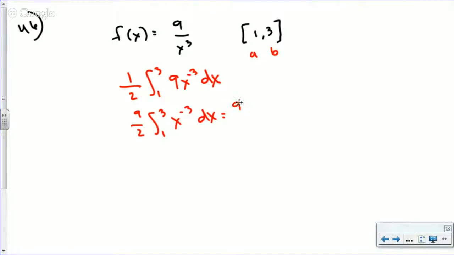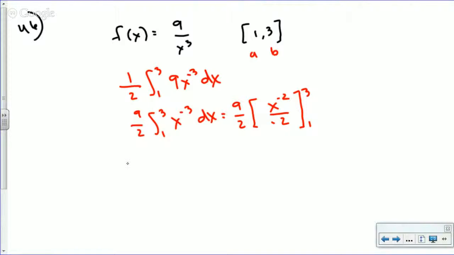All right, so the 9/2 comes along for the ride. To find an antiderivative here, I'd want to add 1 to the power, so that would be -2, and then divide by that. Okay. And I want to evaluate this at x equals 1 and x equals 3.